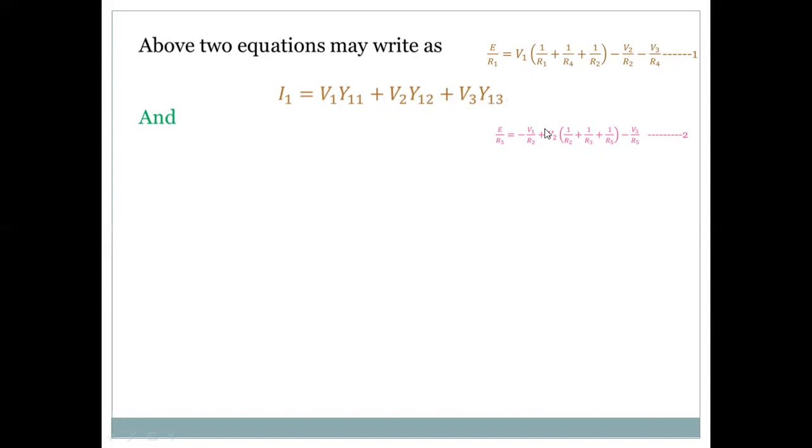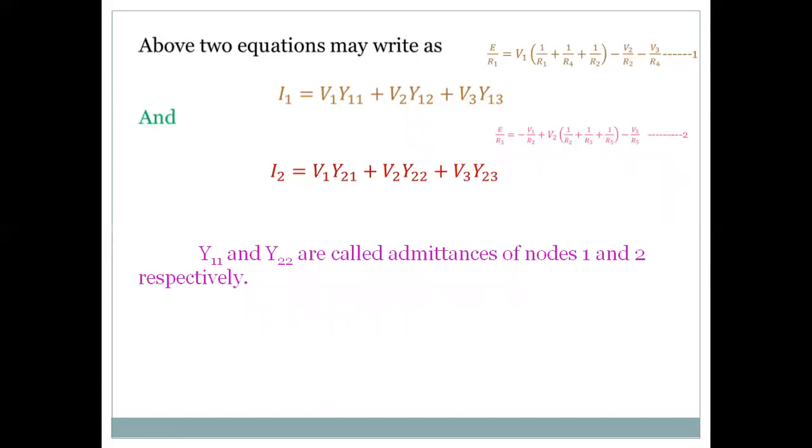Similarly, the second equation can be written as E by R3, that is I2, equal to V1 Y21 plus V2 Y22 plus V3 Y23. By solving these equations, we can determine the potentials, where Y11 and Y22 are called admittances of node 1 and node 2 respectively.